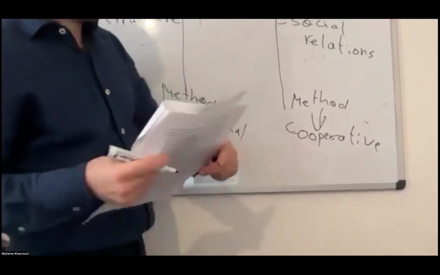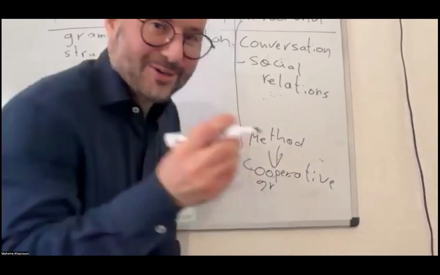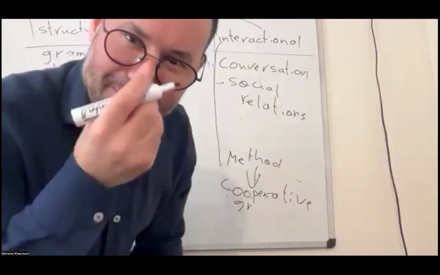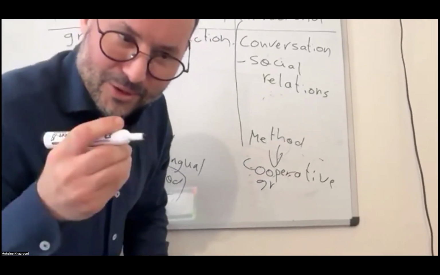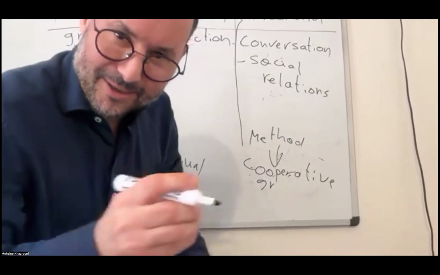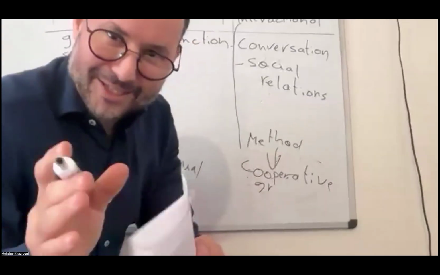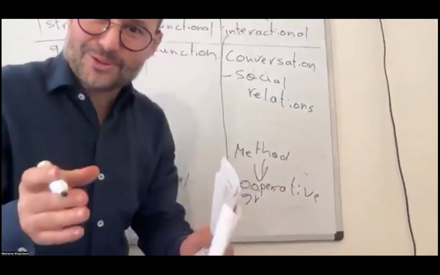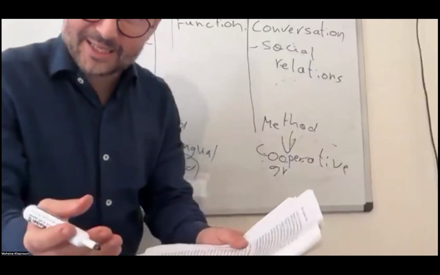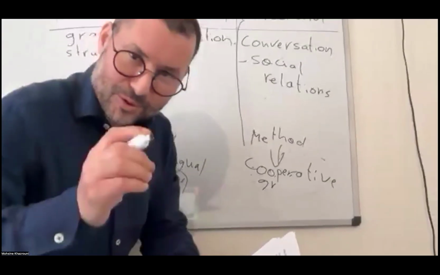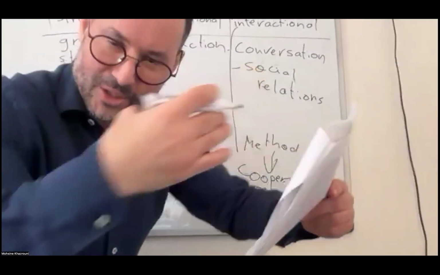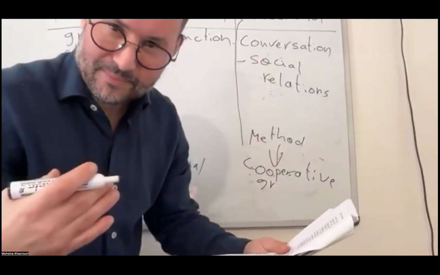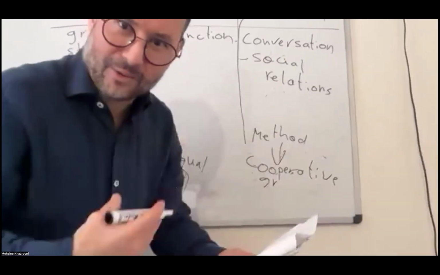Group work. Very good, group work. Because in reality, we speak language with people. There are cases when you speak to yourself, but most of the time we speak language in society, in groups. So we have to teach language in groups. Students should interact, should speak to each other. That's how we should teach a language.